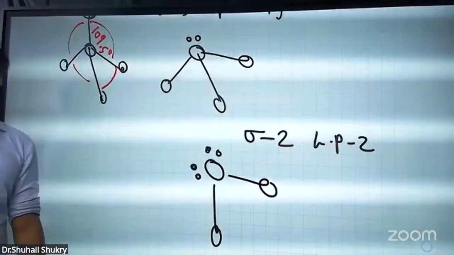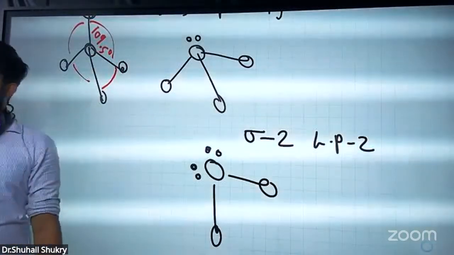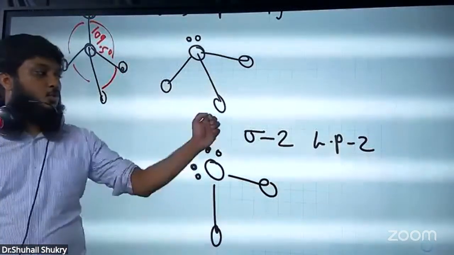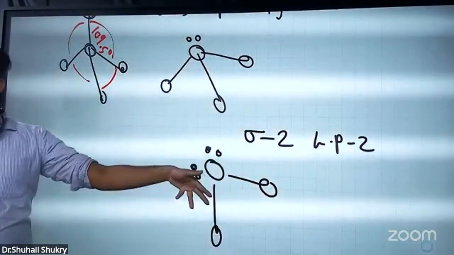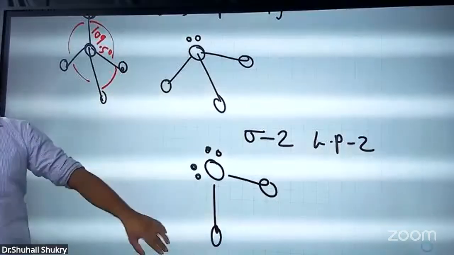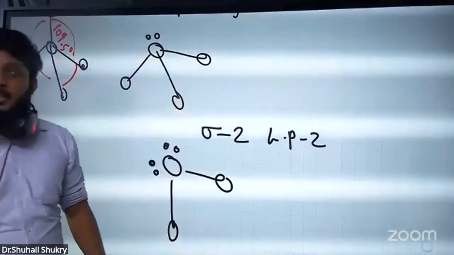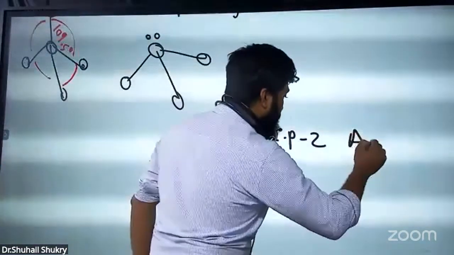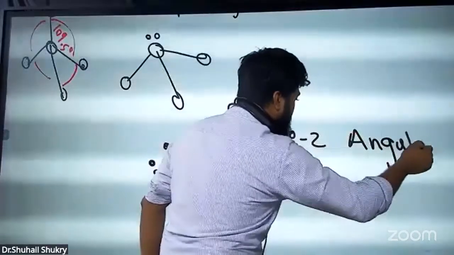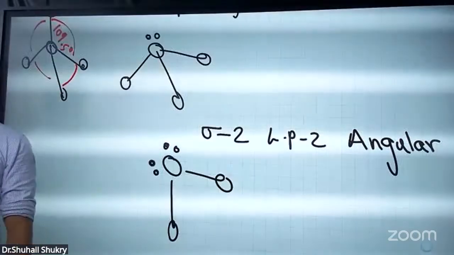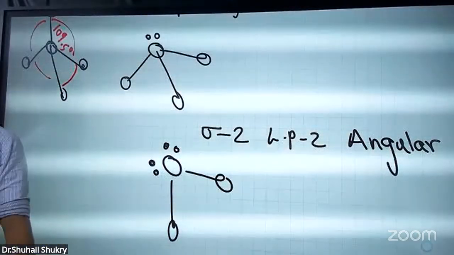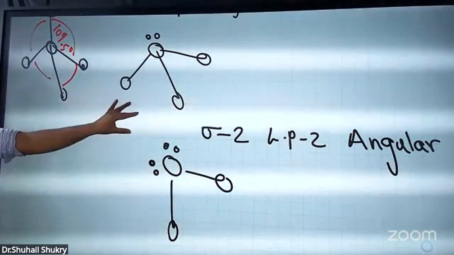If someone says 2 sigma, 2 lone pair, what is the shape? This also looks angular. The name is angular, or bent. Both are okay. Very easy. Now let's see the angle.